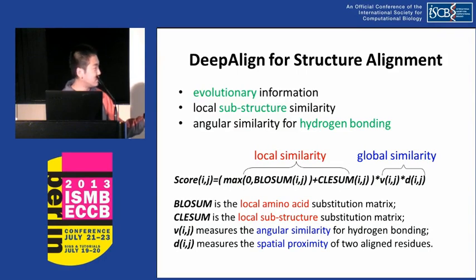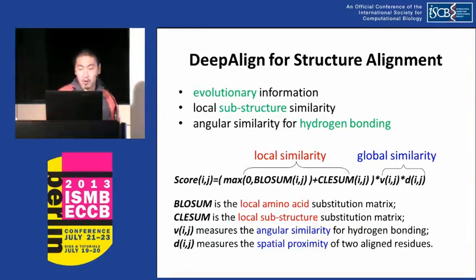And after the two proteins are superimposed together, we can use the VIJ, which measures the angular similarities. The purpose of this is for the hydrogen bondings. And the DIJ measures the spatial proximity, which we can measure using the RMSD or the TM-score.